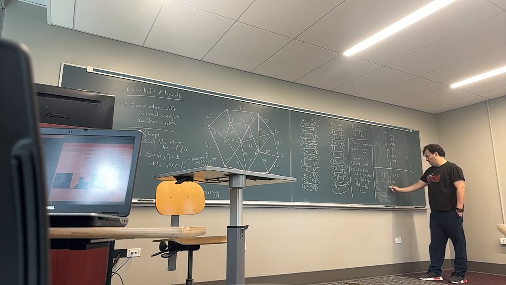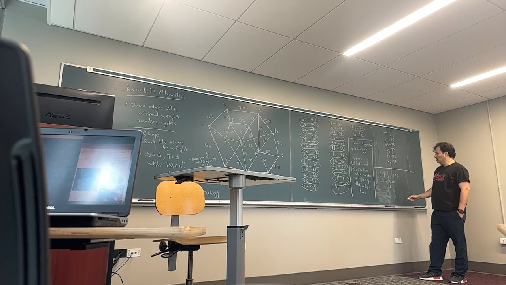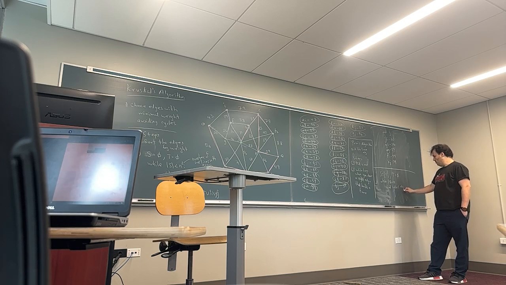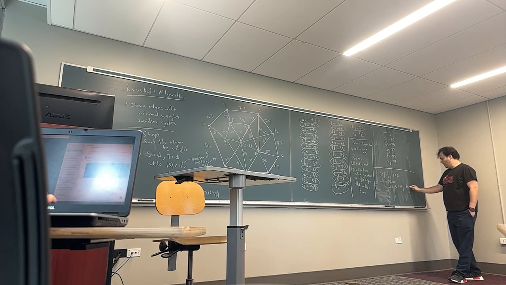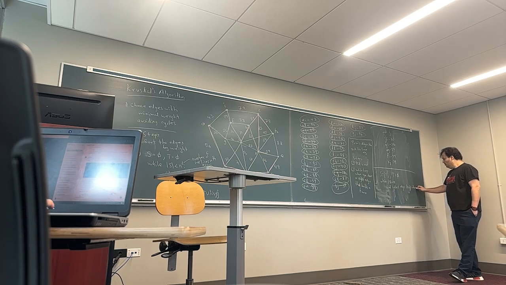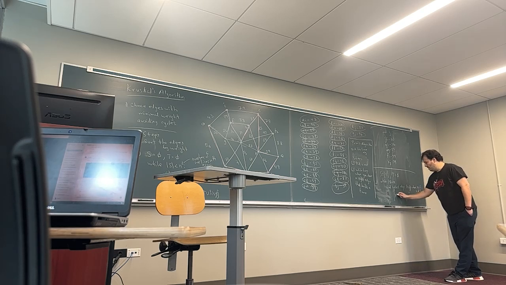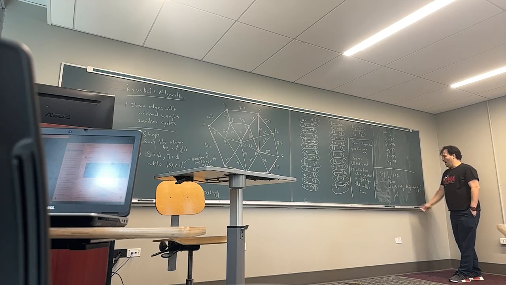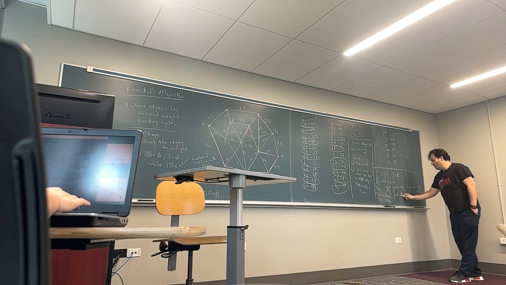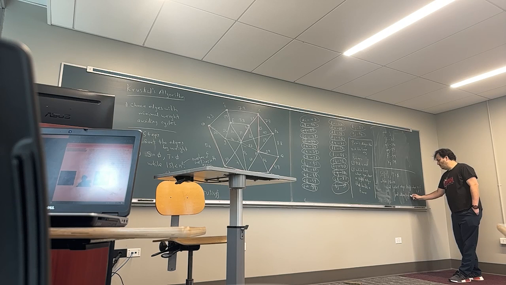Then you find the lightest edge of the form xy, where x is in S, y is not in S, and adding xy does not create a cycle.